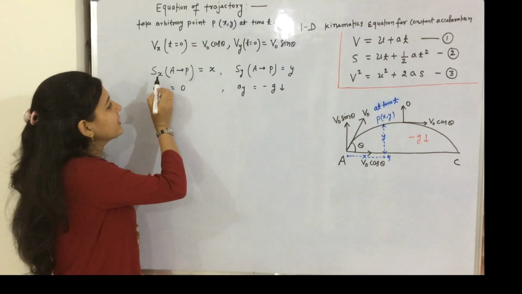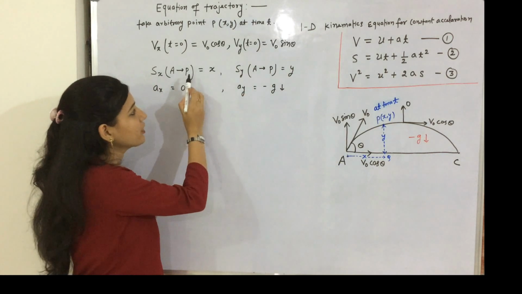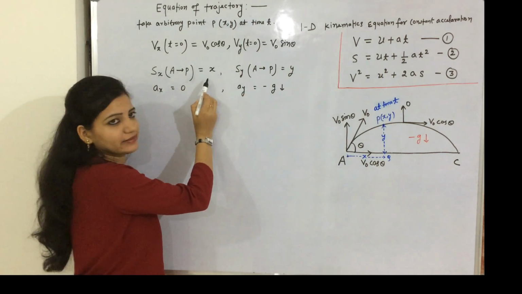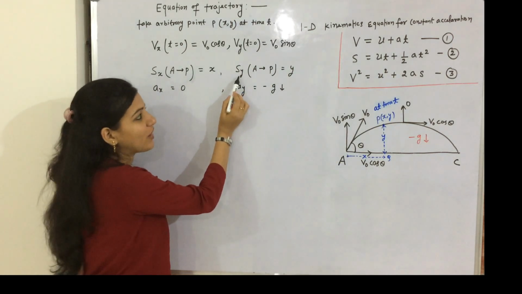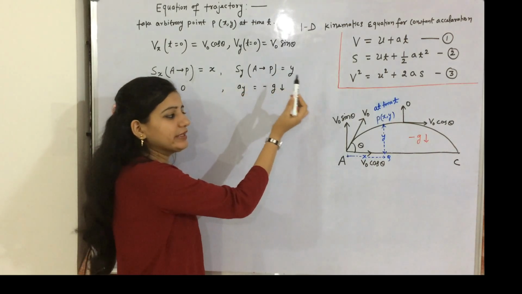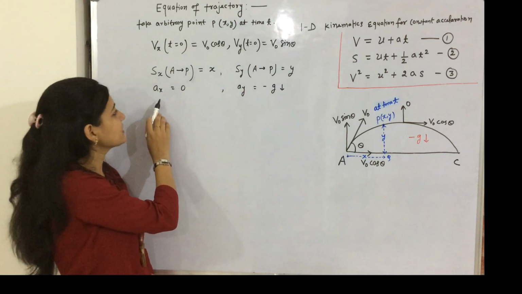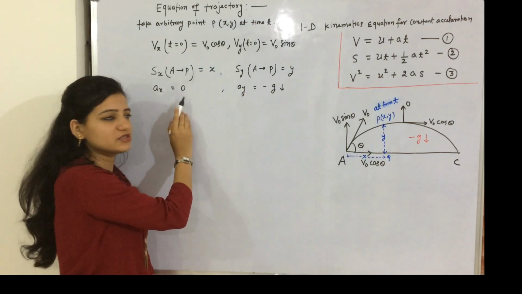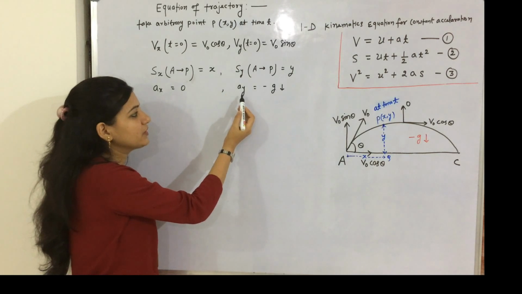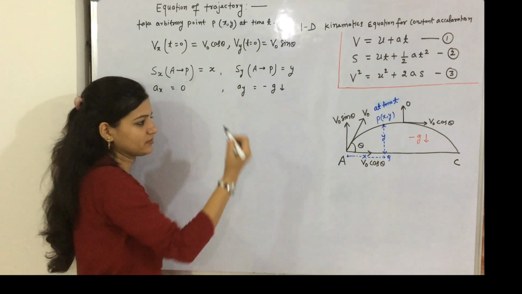Now, the displacement in the x direction from initial point A to arbitrary point P is x, while the displacement in the y direction from initial point A to arbitrary point P is y. The acceleration in the horizontal direction, the x direction, is 0, while the acceleration in the y direction is minus g.